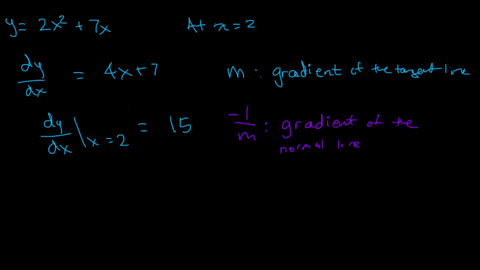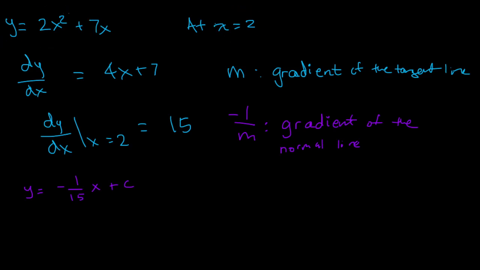So in that case, we know that y equals negative 1 over 15 x plus c. So again, we just start plugging in values and see where we go. So before we do that, we have to plug in this 2 into y.